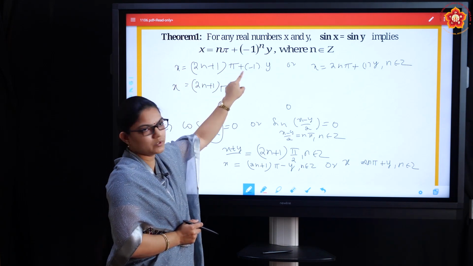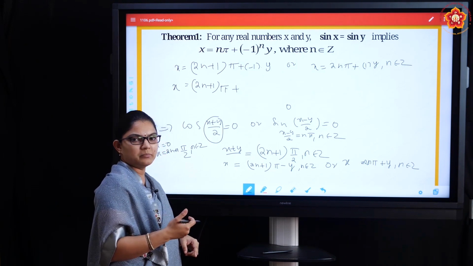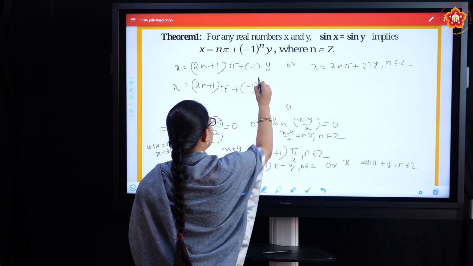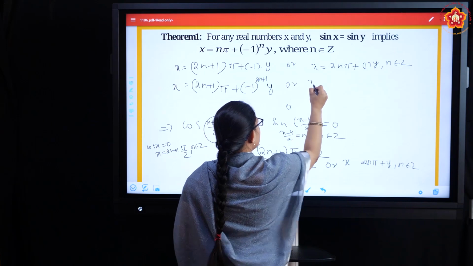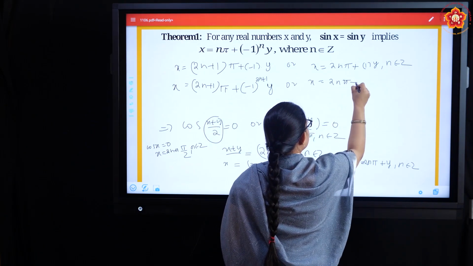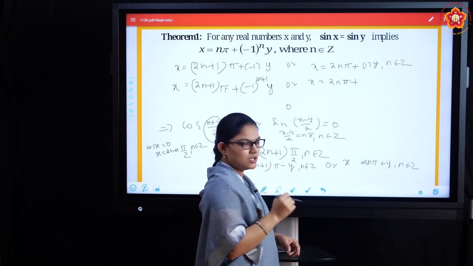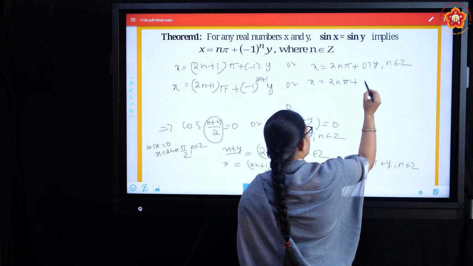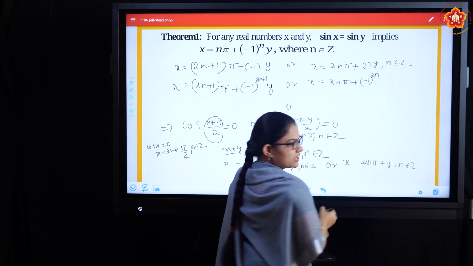So minus 1, we know that minus 1 to the power of any odd number is minus 1. So I can write this minus 1 as (minus 1) to the power (2n plus 1) y. Or here, x is equal to 2n pi plus 1, I have to express in terms of minus 1. So minus 1 to the power of an even number is 1. So I can write this as minus 1 to the power of an even number, which is nothing but 2n.